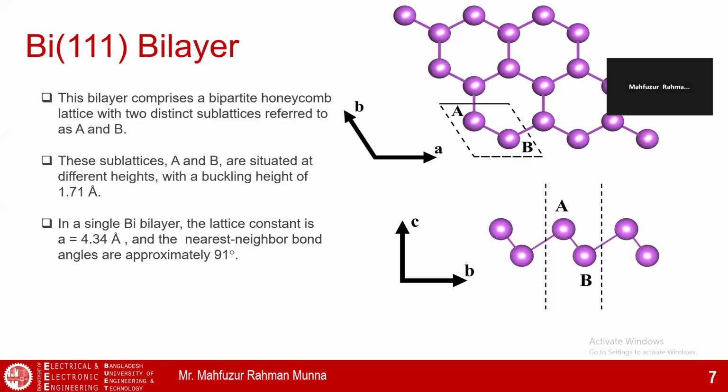If you go to the Materials Cloud 2D quantum spin-Hall insulator database and search for bismuth (111), you will get all the information. I will talk more about it when I discuss the input files that I created to simulate all the electronic properties and topological properties for bismuth (111).